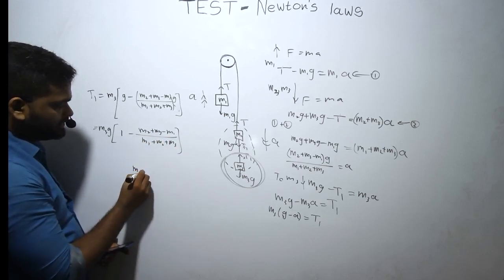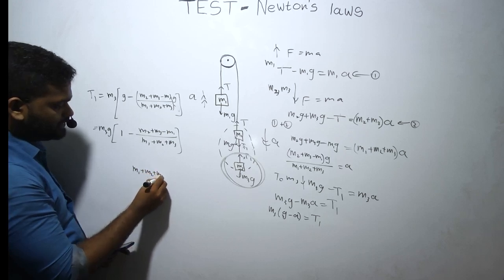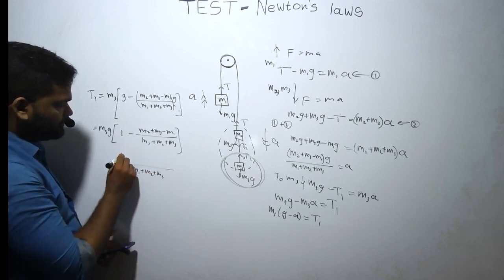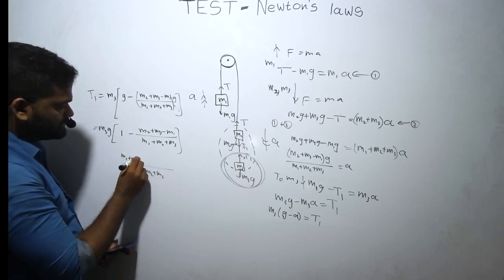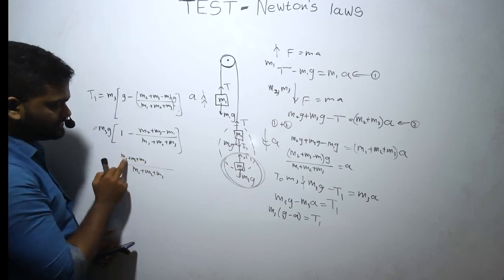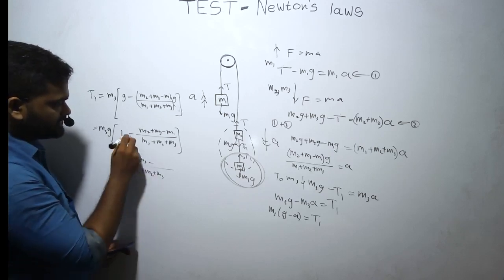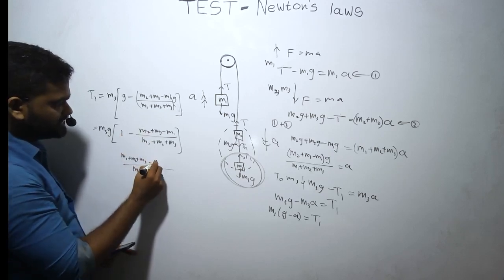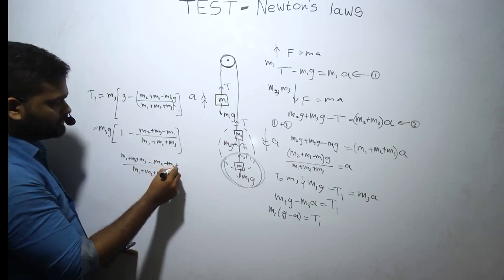Take the denominator M1 M2 M3. So this becomes M1 plus M2 plus M3, minus, there's a minus, multiply this, minus M2 minus M3 plus M1.